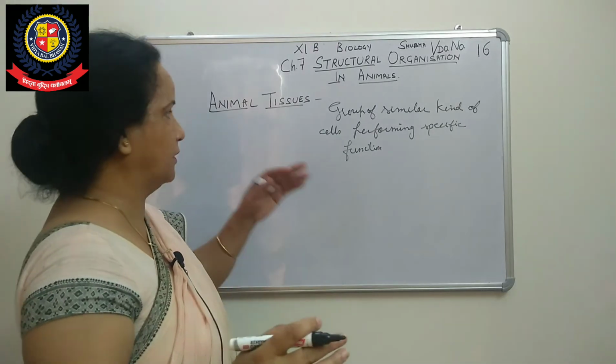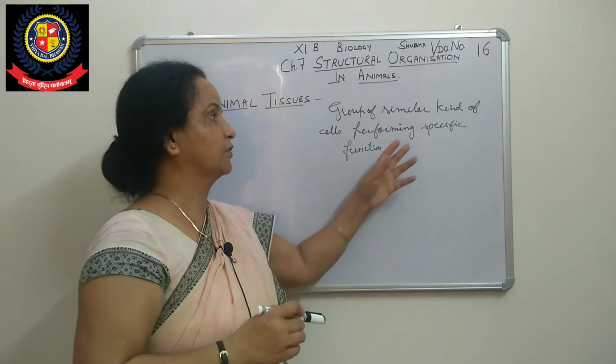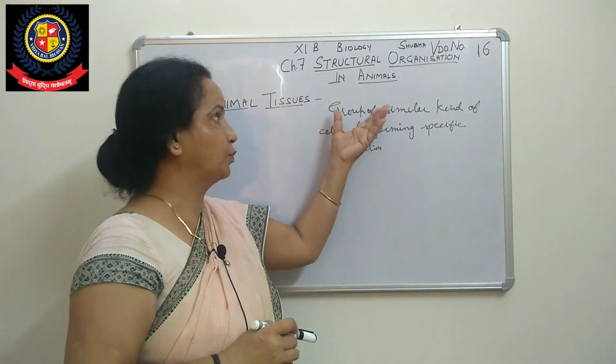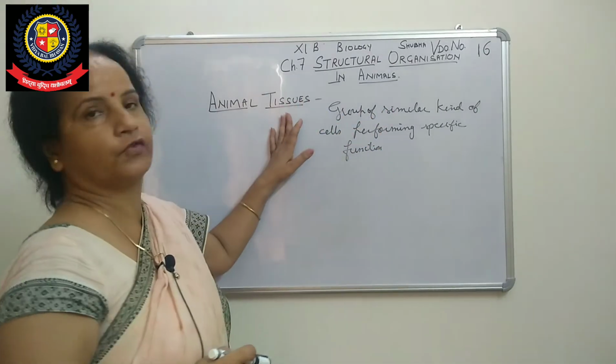Same type of cells are combined together, and then they do some specific function. That group of cells is called a tissue, right?